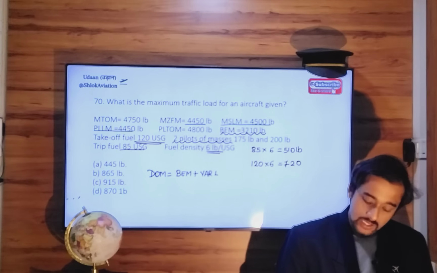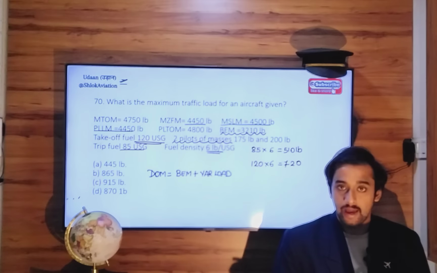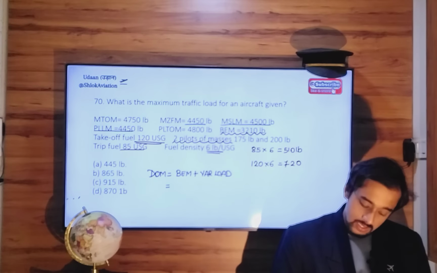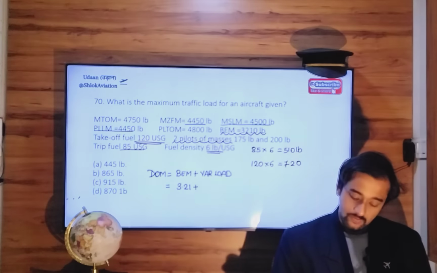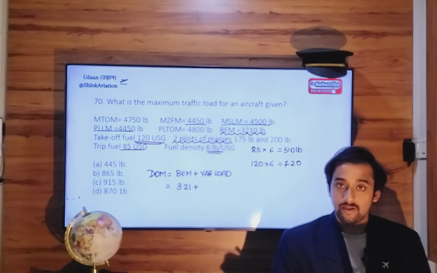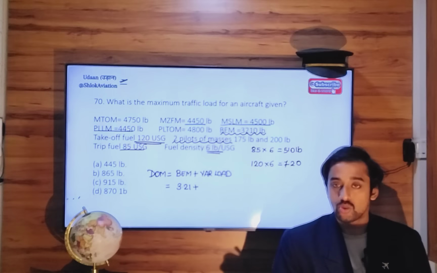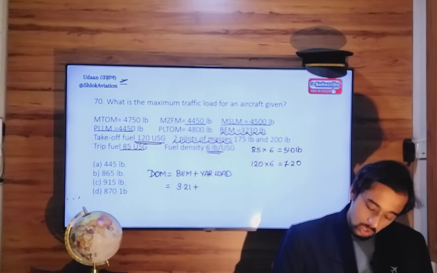Now variable load is the load of your crew, their baggage. So basic empty mass is 3.21. Variable load, there are two pilots. One weighs 175 pounds and the other weighs 200 pounds. So 0.175 plus 0.2.